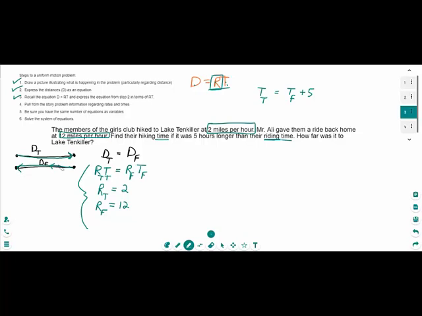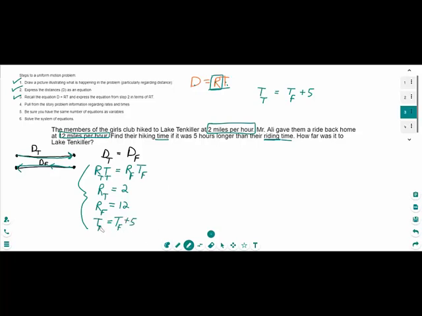That's faster. So the time to the lake is going to equal whatever time it took them to come back from the lake, but then we have to add another 5 hours to make this time longer. Hopefully that made sense. So the equation is time sub t is equal to time sub f plus 5.